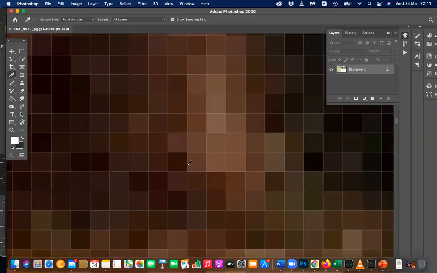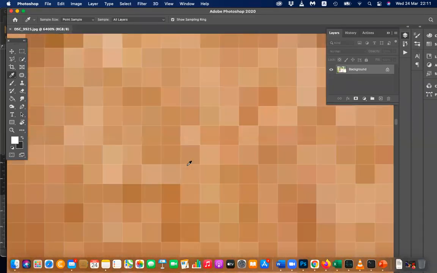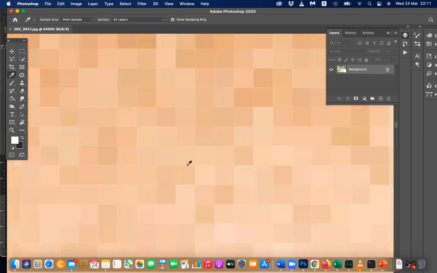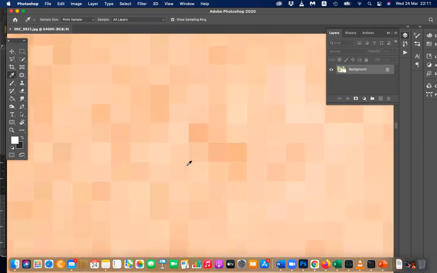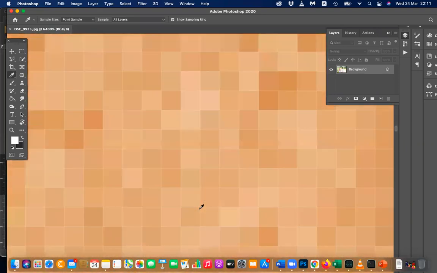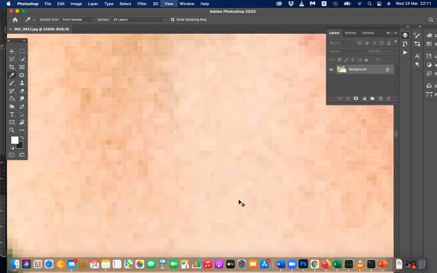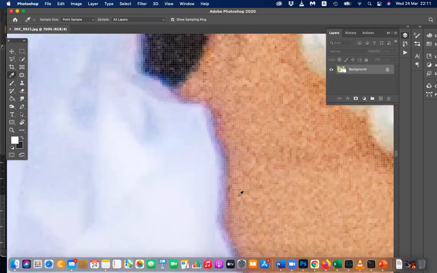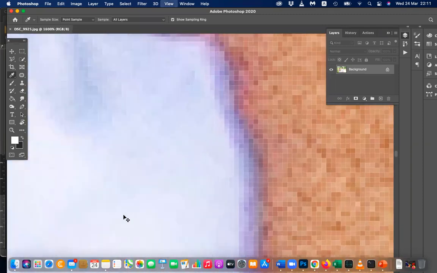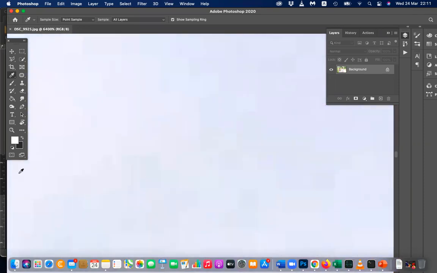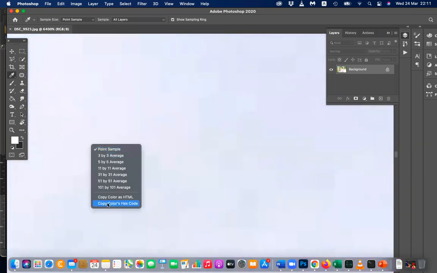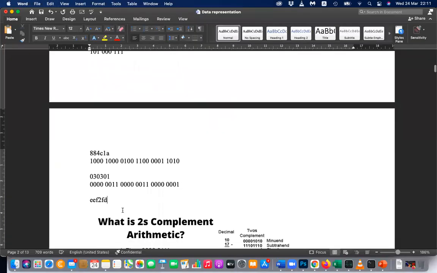Let's take a lighter color, closer to white. Okay, now you can see. Right, this is good. Some more lighter color, which is closer to white. Right click, copy the color's hex code, and you can see the color is this one.